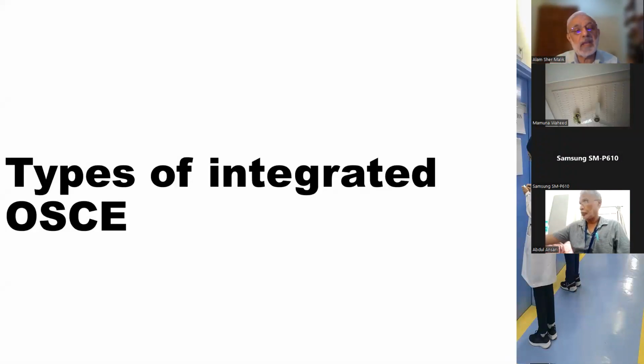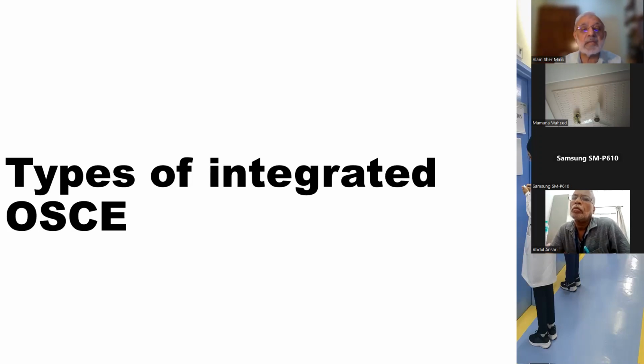So far, we have revised our knowledge about the traditional OSCE. We have looked at the limitations of traditional OSCE, and then gone through the alternatives for OSCE, which is mini-CEX, but we see the feasibility problem with mini-CEX.